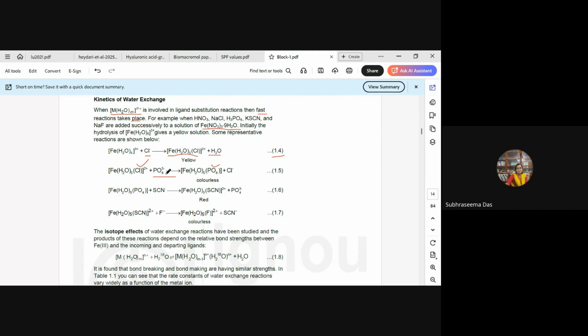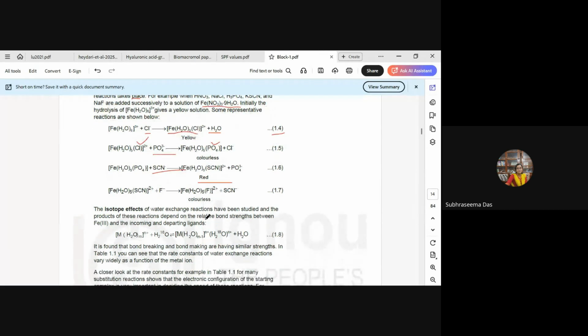Then if we take this complex and react it with another ligand, we see such reactions occurring. So we see how successive substitution takes place, and we always have to remember that since water is present here, they are all very fast reactions.